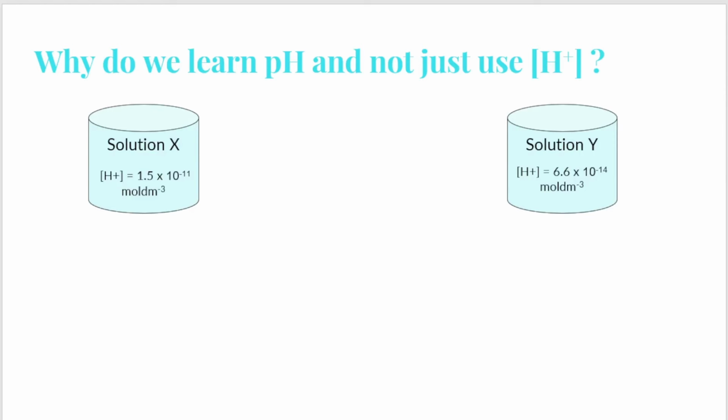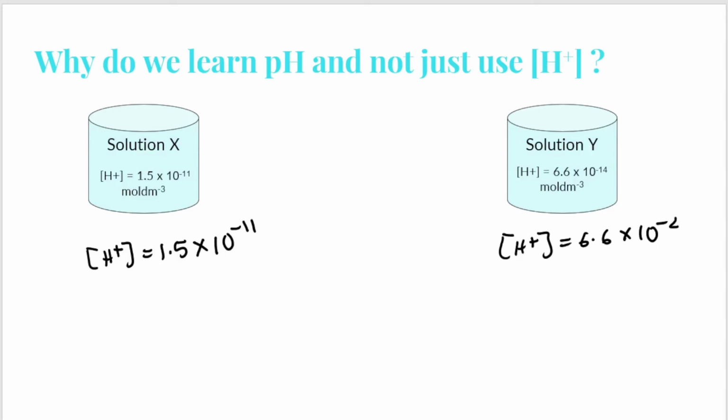Here we can see that these values are extremely small, and it's not that easy for us to compare, because we can obviously say that 10 to the power minus 11 is larger than 10 to the power minus 14. However, these values are very hard to manage for us.